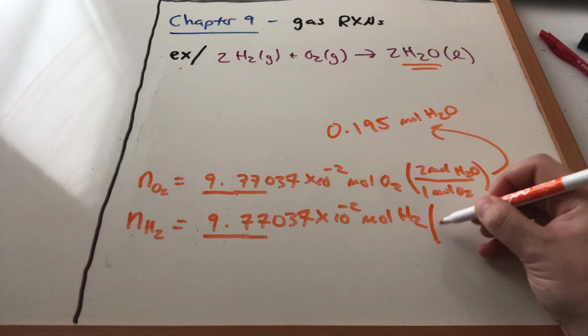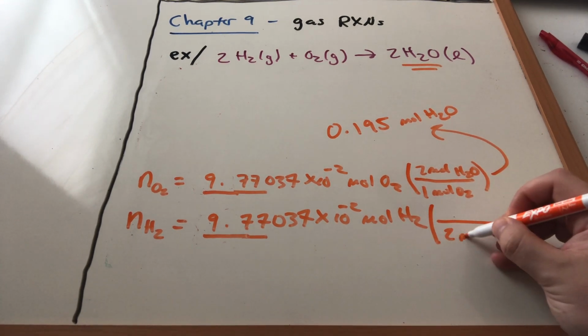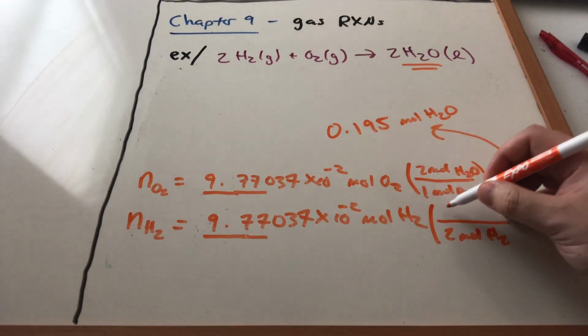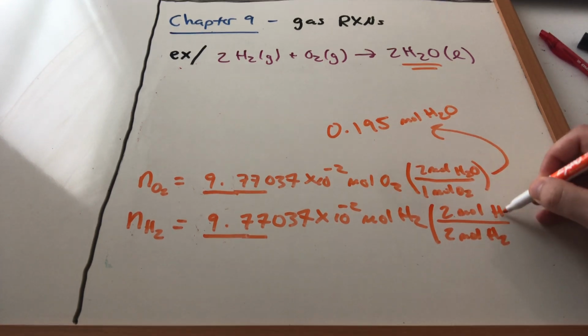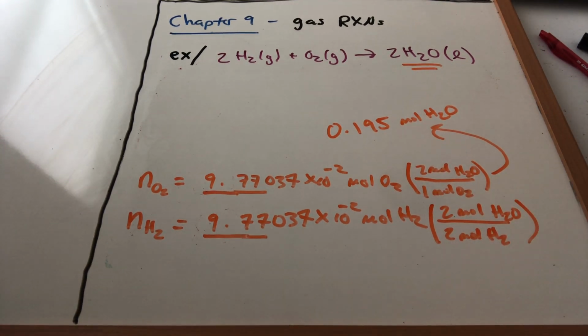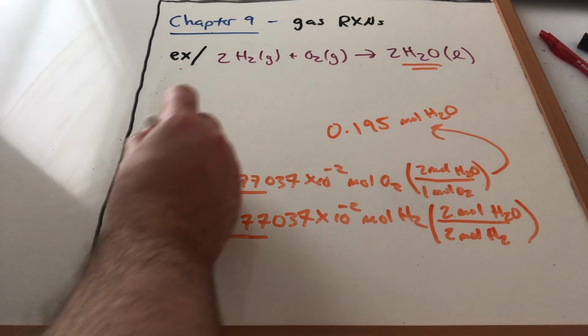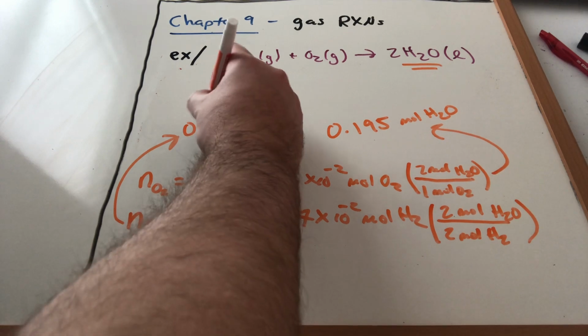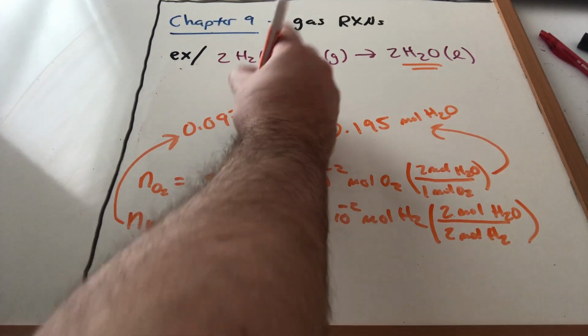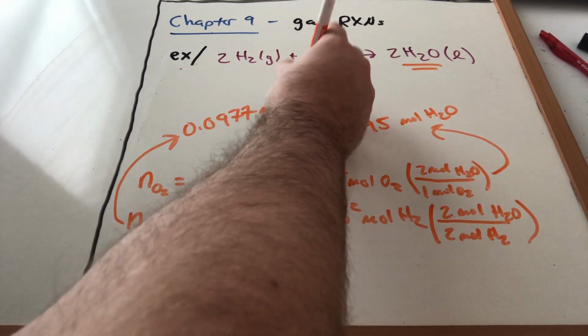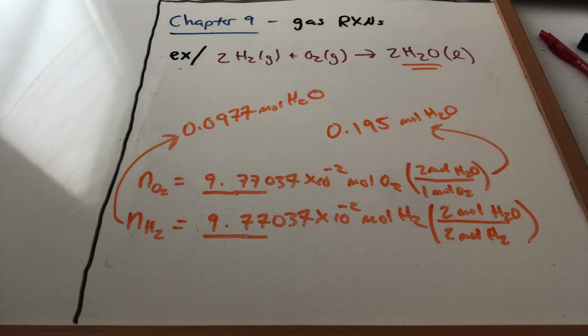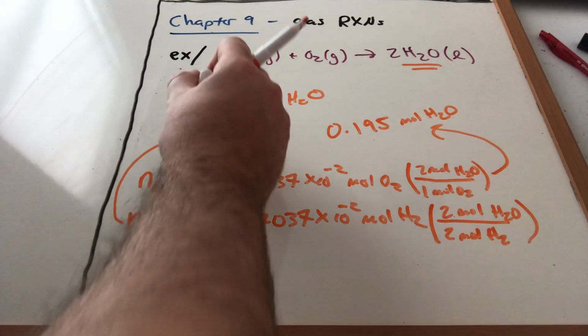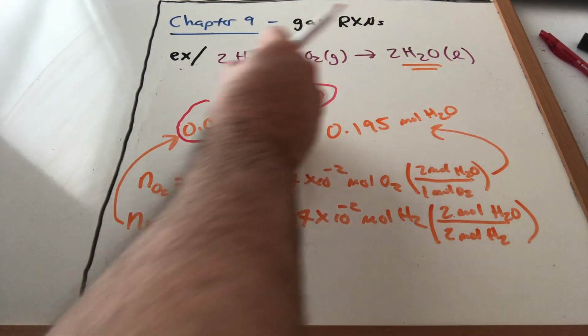So let's do the mole-to-mole relationship here. 2 moles of H2 make 2 moles of H2O. So that's like multiplying by 1. So in terms of the H2 conversion, what we get is 0.0977 moles of H2O. At the end of a limiting reactant problem, which one do we pick? We pick the smaller amount.